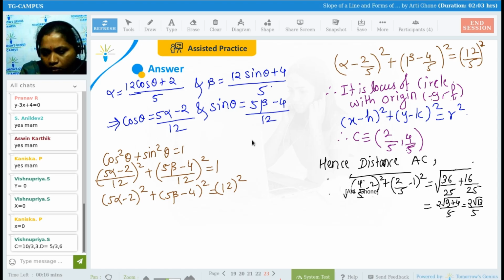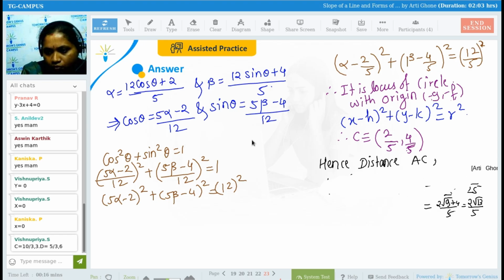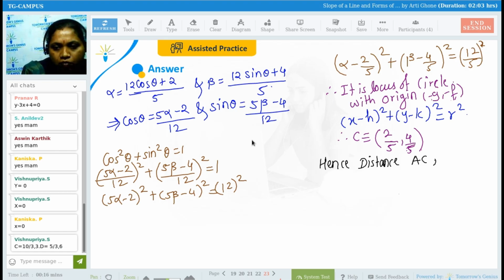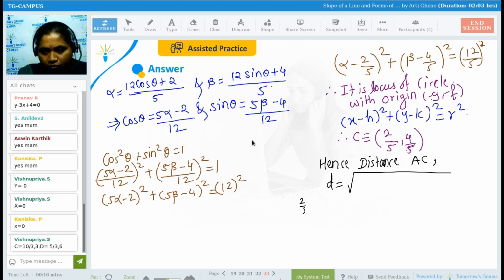Is there anything wrong? Just distance AC. Calculate distance AC. 2 by 5 minus 1, so it is coming 3 by 5 whole square, plus 4 by 5 minus 2 whole square.